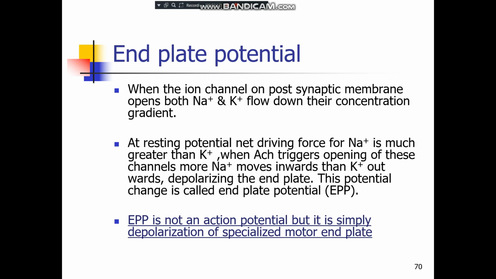This causes the depolarization of the end plate, and this depolarization causes the end plate potential. End plate potential is not the action potential, but it simply depolarizes the motor end plate.